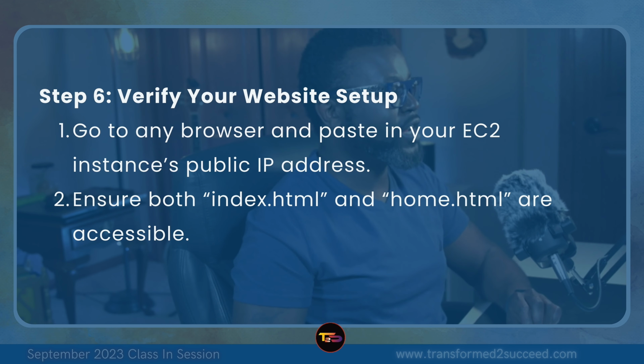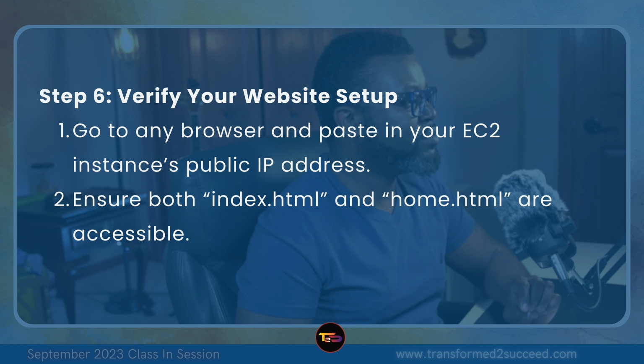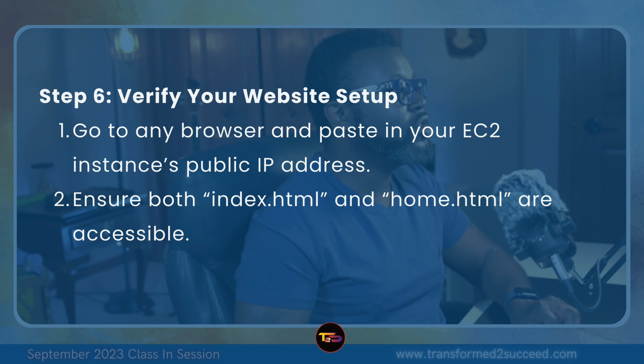So we have to verify, meaning that if we go to any browser and paste in our EC2 instance's public IP address, we should be able to see our website. So that's what we are going to do.